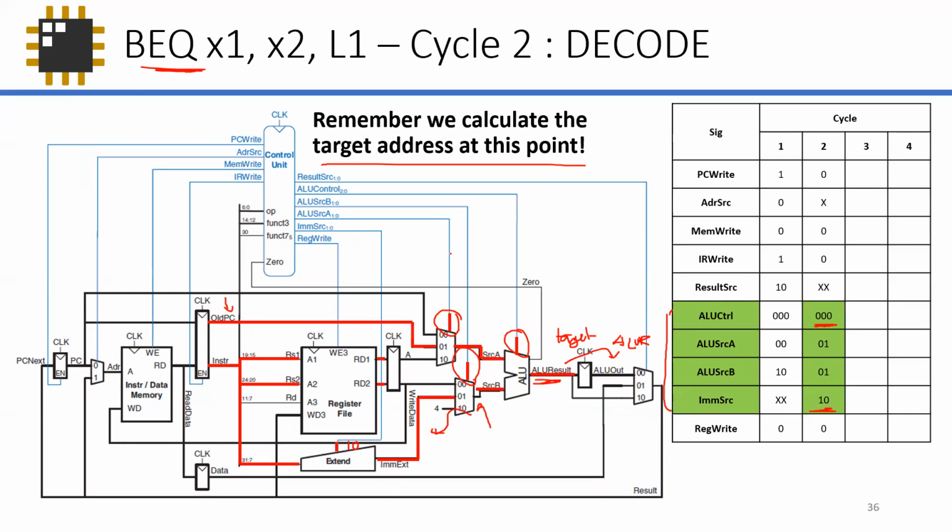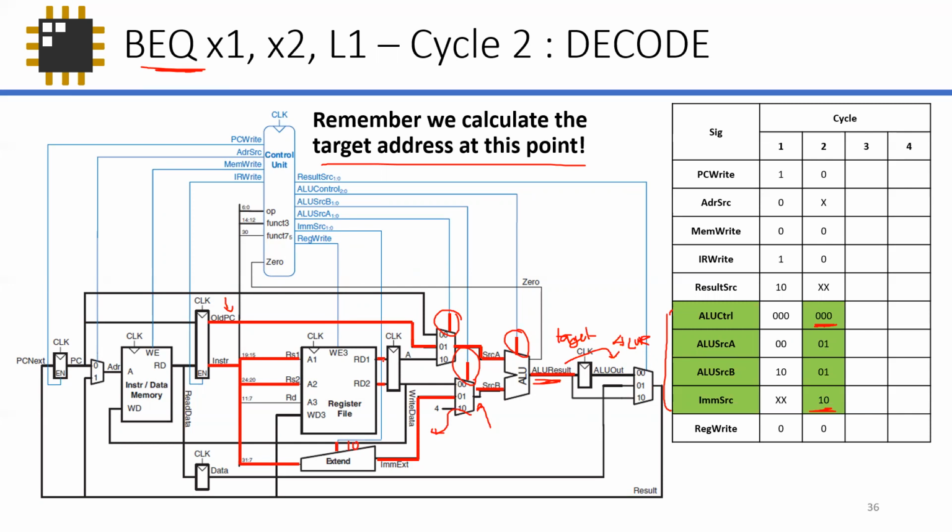Since the ALU is available during the decode stage, why don't we always compute the next target address, assuming we're going to do a branching? It doesn't matter really if you're doing other instructions. The point is that we're trying to pre-compute something ahead.